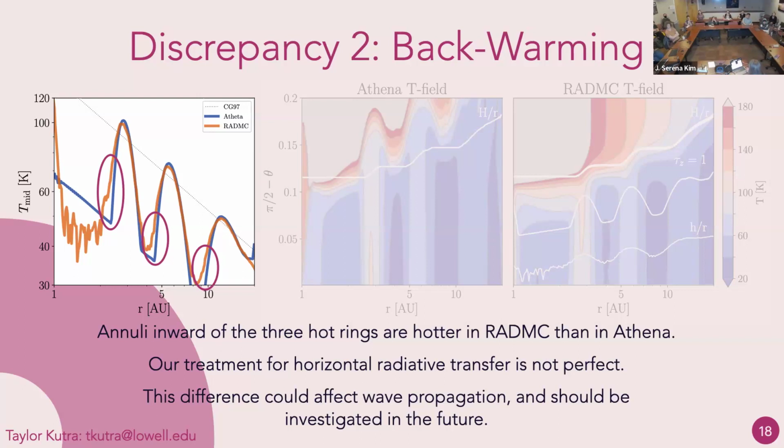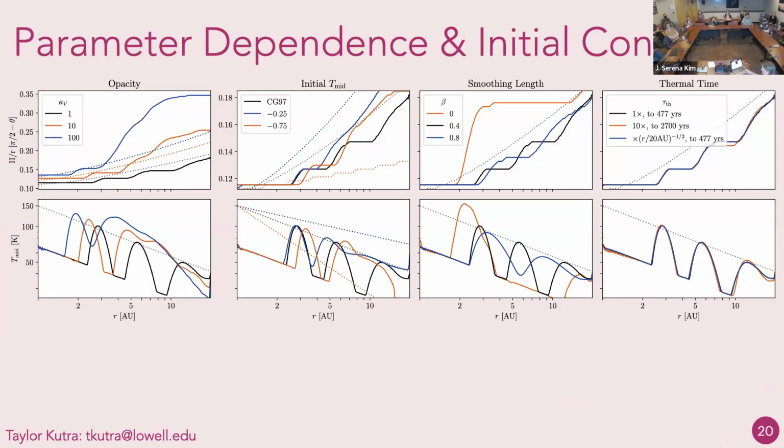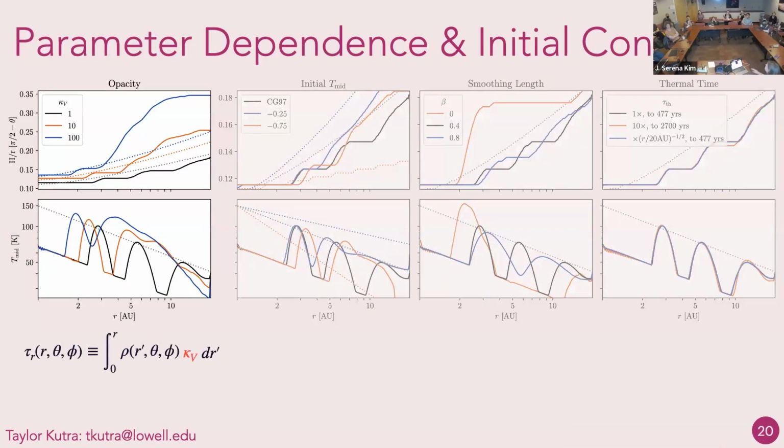Okay. So then we tried to make the waves stop stalling, right? Because that's the big difference between the linear theory and these simulations. So the first thing we did was this parameter study. We looked at first the opacity. The way this manifests is in the height of the optical surface and the location of that first thermal peak.